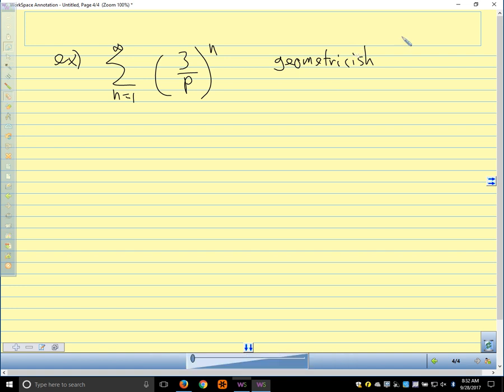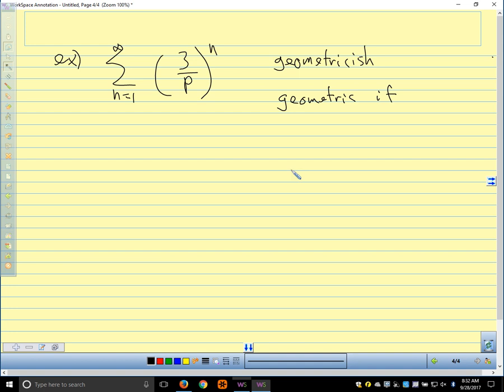So what do we need here? Don't we set it up where, since we know that 3 over p is the r value of our geometric-ish thing, we set up an inequality where -1 is less than 3 over p, which is less than 1? If we're specifying that p is positive, we don't even need the -1.